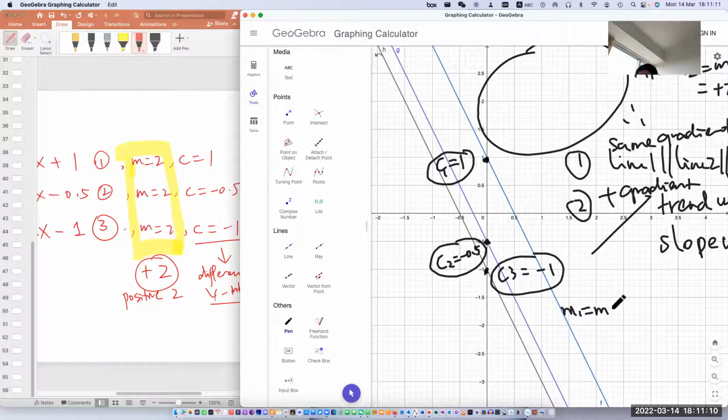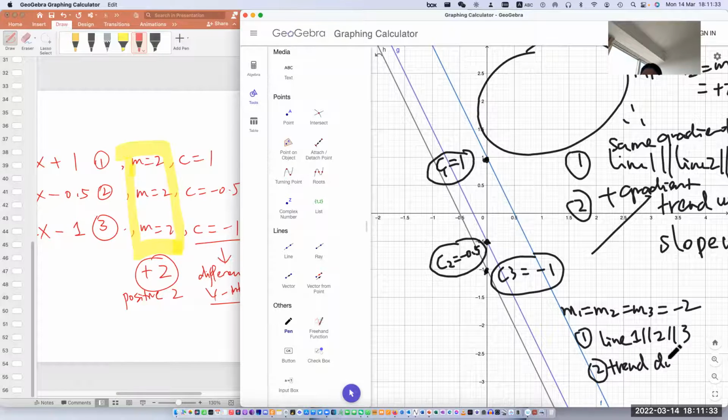m1 is equal to m2 is equal to m3, and they are all negative 2. So the two conclusions: same gradient, so line 1 parallel with line 2, parallel with line 3. That's the first conclusion. But over here is trend down because it's a negative gradient.